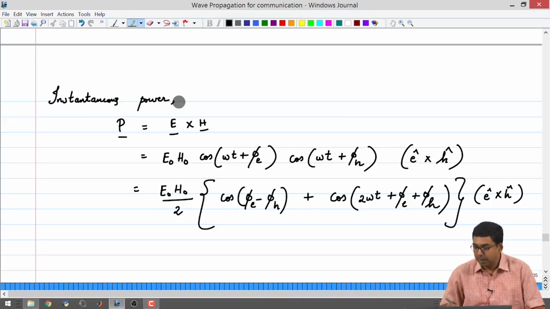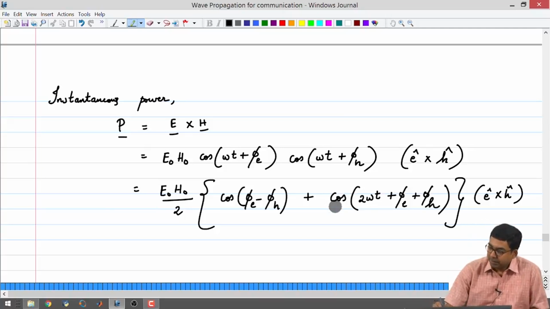It is very clear that you have a cosine 2 omega t plus something, which means that it is a periodic power, instantaneous power density also, which means that we have some possibilities over here. We know that the cosine can be positive, cosine can be negative, or the cosine can be 0.